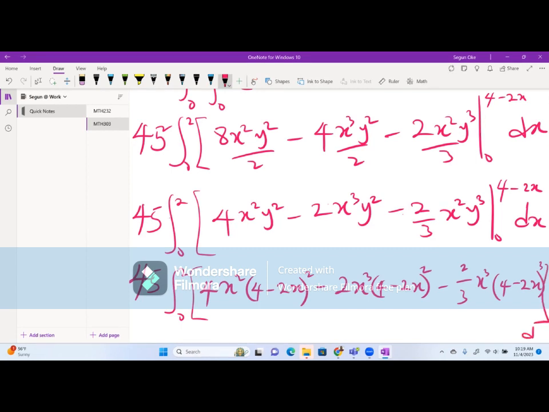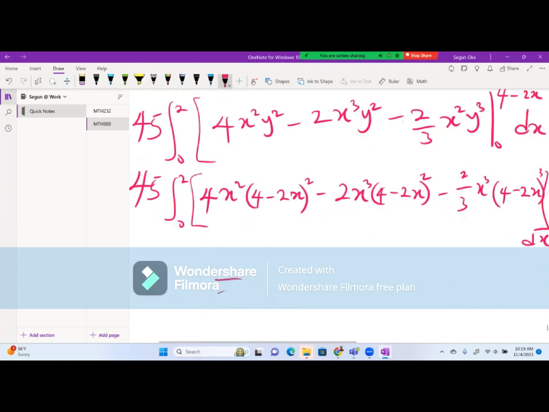Everything is in x, so you have to open this one by one. If you can solve it very well, you will have 128. That's your final answer. Remember, you open this bracket first.